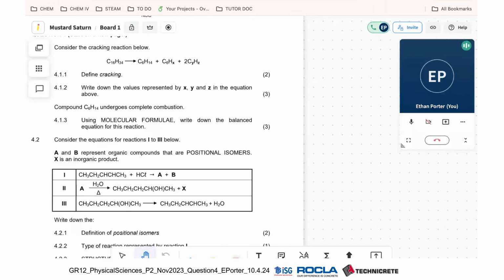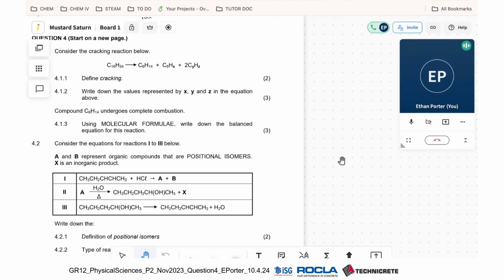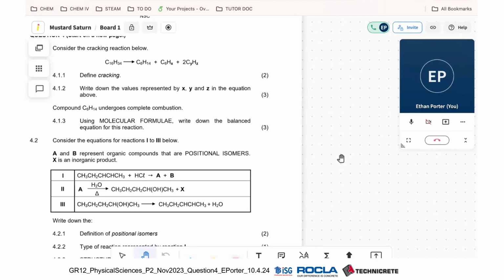So let's try and balance this. Let's start off with x. Let's assume this molecule here is an alkane. With that in mind, we remember that our formula for an alkane is CnH2n+2.